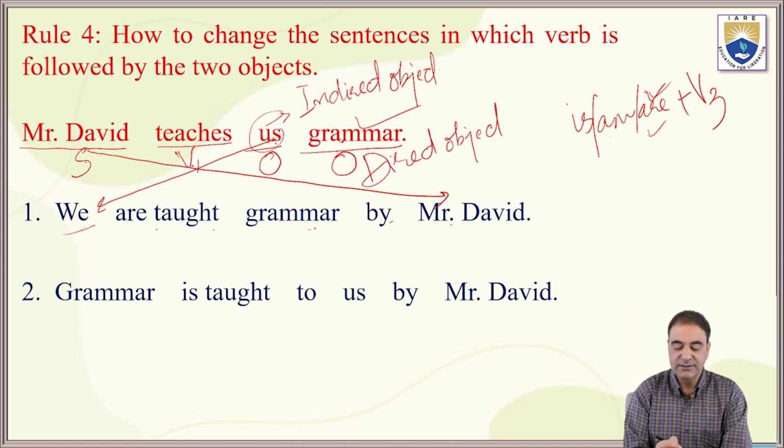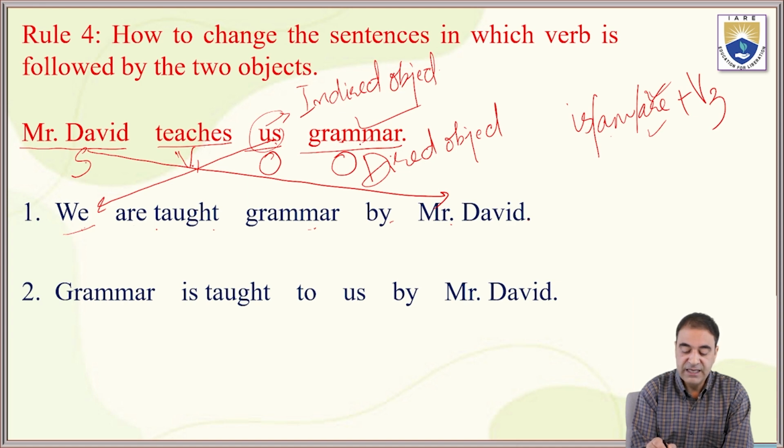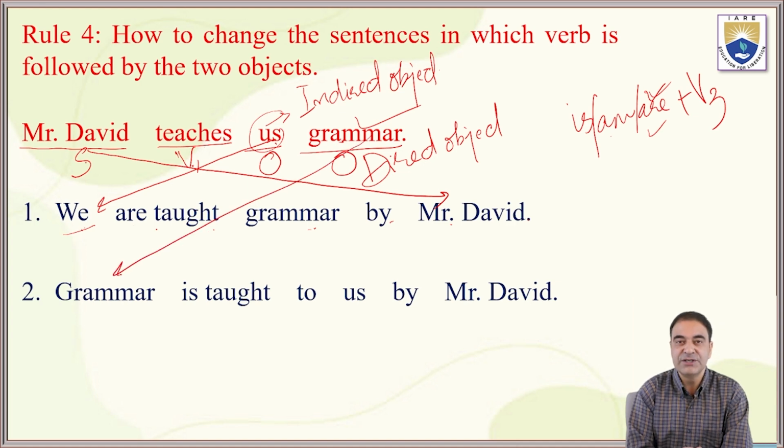Now look at the second one. If I take this direct object "grammar" at the position of subject, then we have to introduce the "to" phrase. We have to introduce "to" in that very sentence. Look here. Grammar will come at the position of subject, and David will come at the position of object.